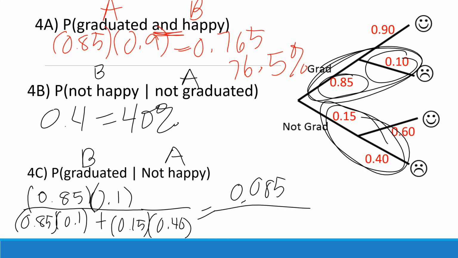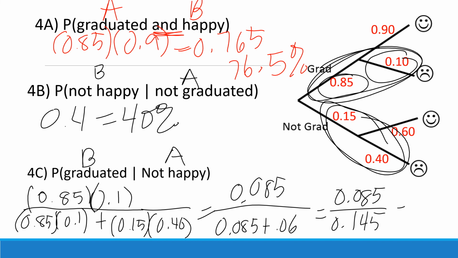On the bottom, we're going to have 0.085 plus 0.06. You can just plug this into your calculator. When I add the bottom together, I get 0.145. And then when I divide those two, I get 0.5862, which gives me a 58.6% chance that given that they are not happy, they graduated.